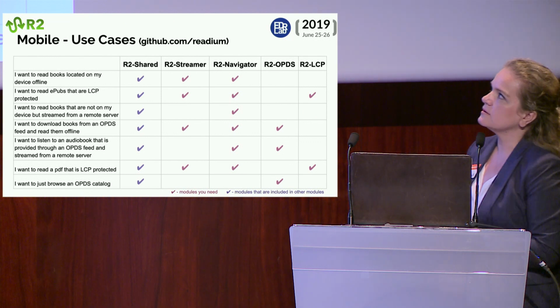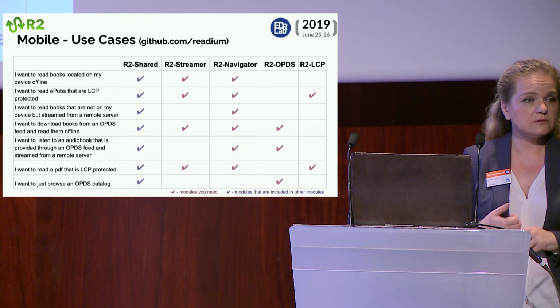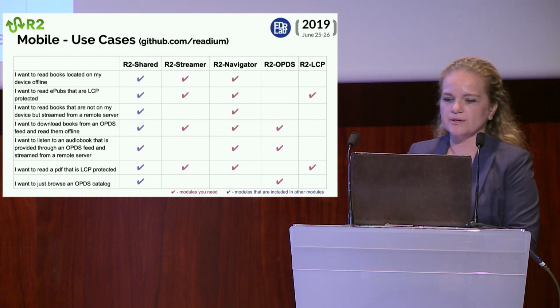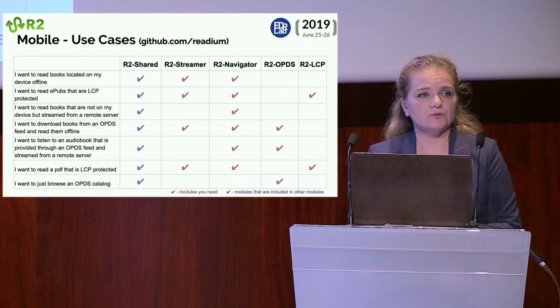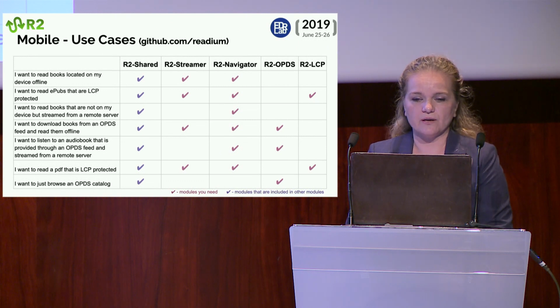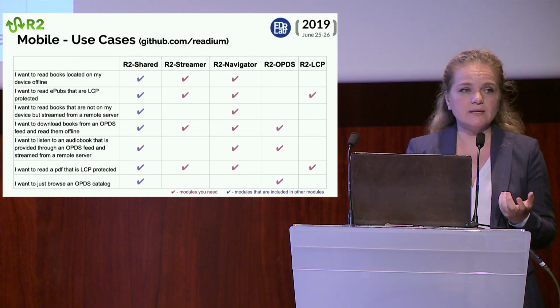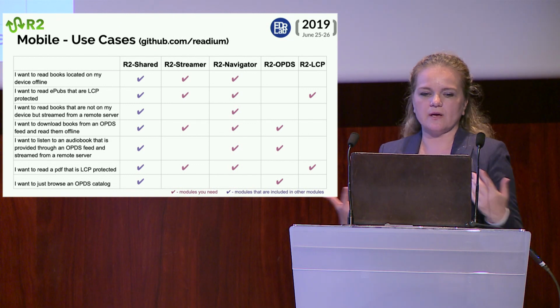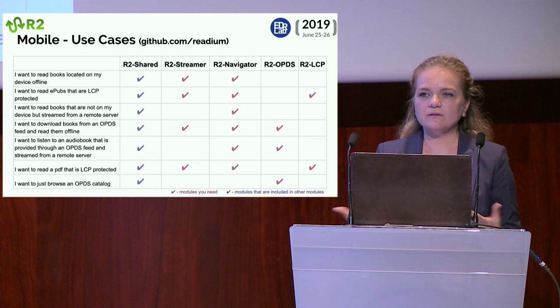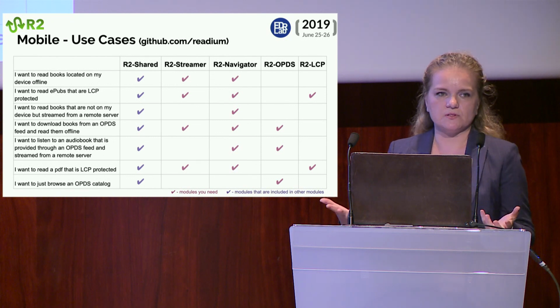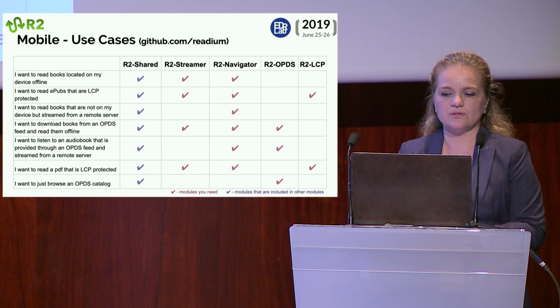So I need the R2 shared models, all the models in R2 shared. I need a streamer to generate that manifest, and I need a navigator to consume it. I don't need an OPDS because in that use case, I don't have an OPDS feed. I don't need LCP, so I only need these three components.